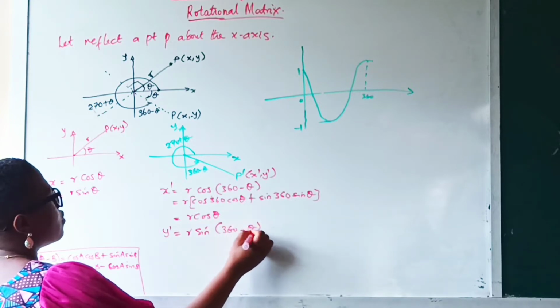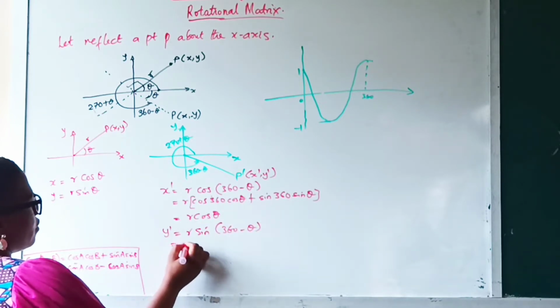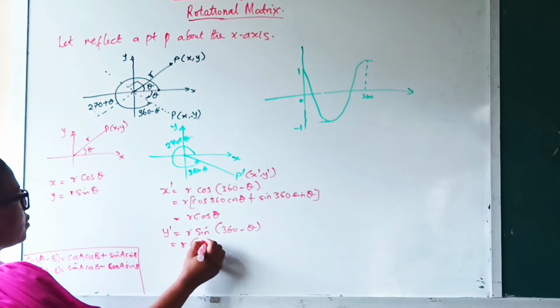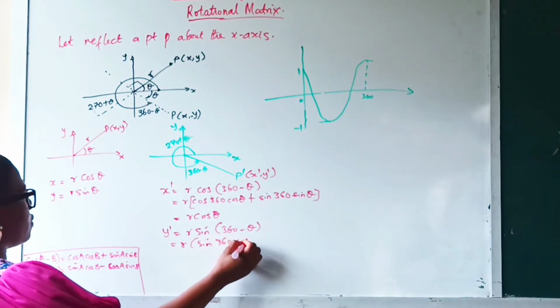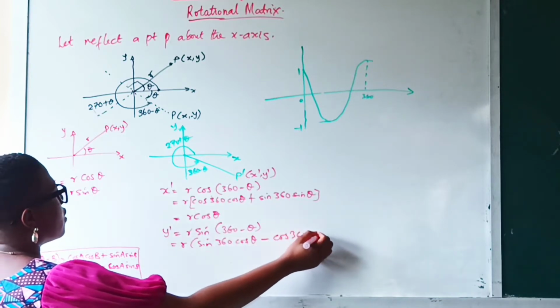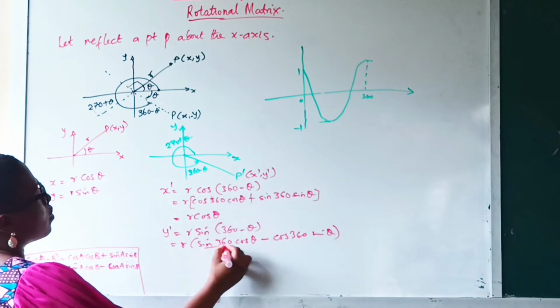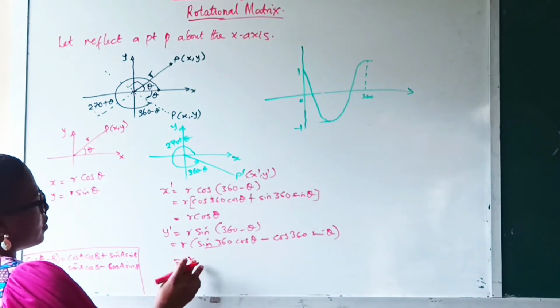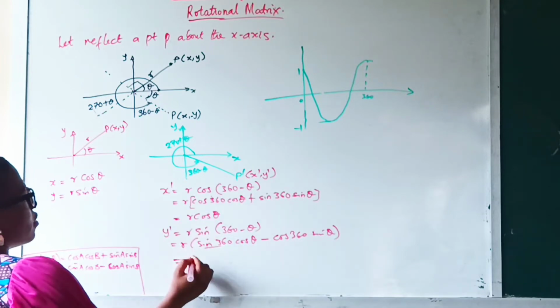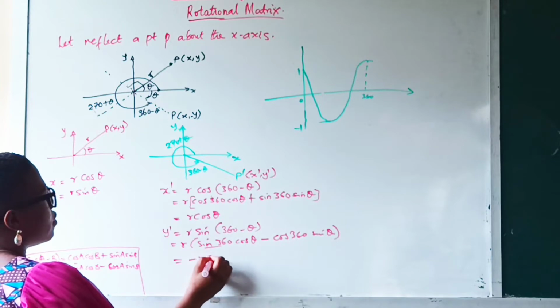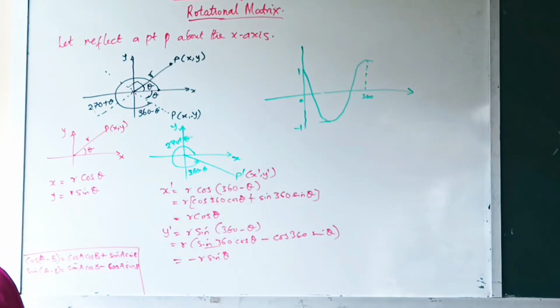Considering this now, we have r times sin 360 cos theta minus cos 360 sin theta. So this becomes 0, so we can throw it away. Cos 360 is still 1, so we have minus r sin theta.